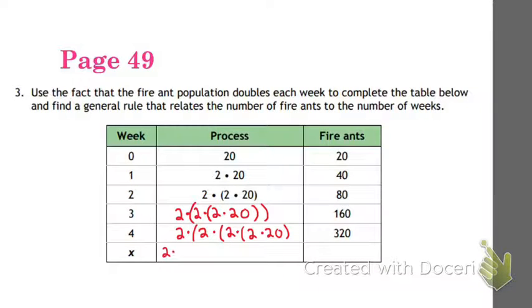I'm going to go 2 times 2 times 2, and then dot, dot, dot. If you see 3 dots in math, that means it's like a list going on for however long. Since we don't know what x is, we don't know how many 2s there are. Okay? So, and then times 2 times 20.